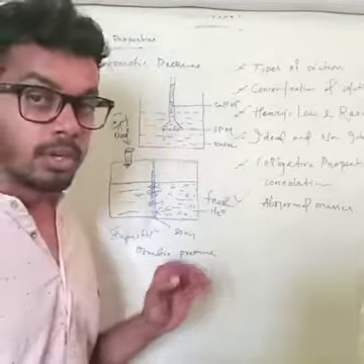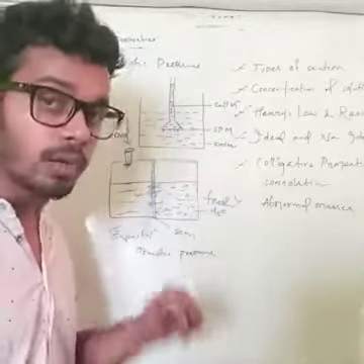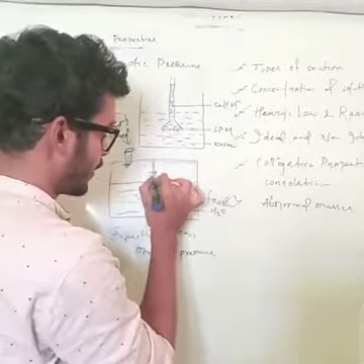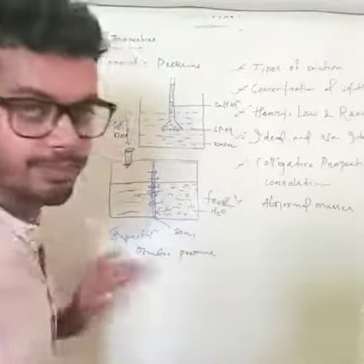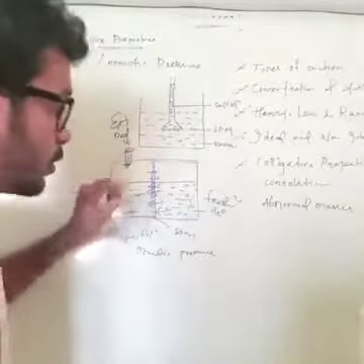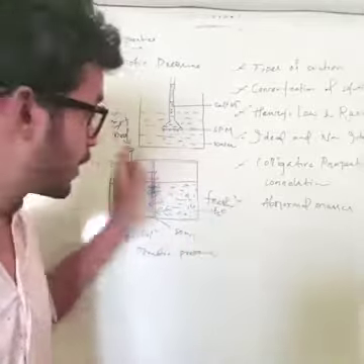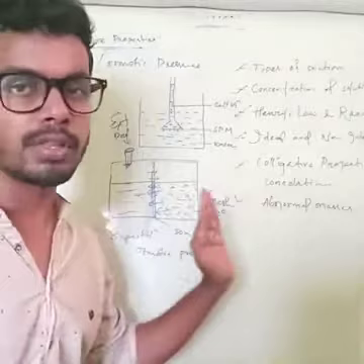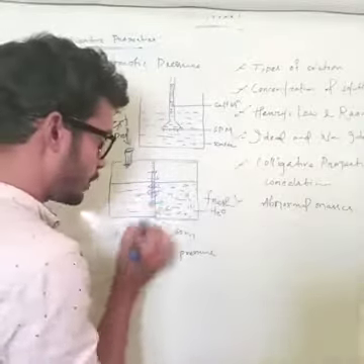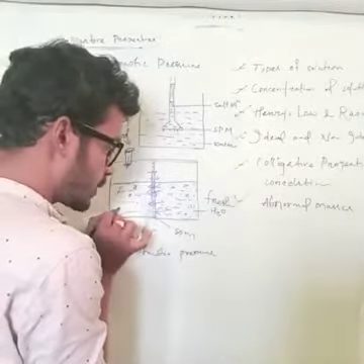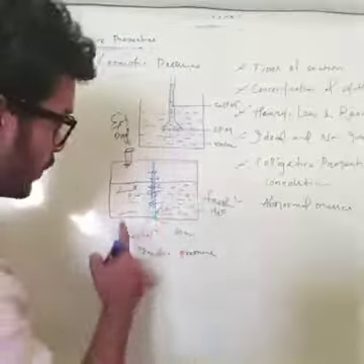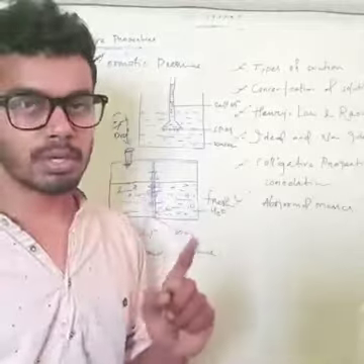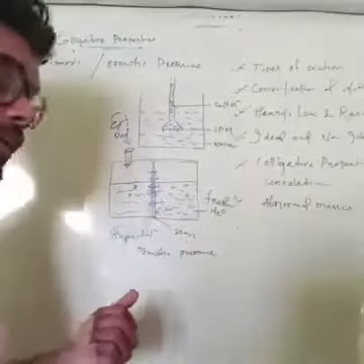If you apply more pressure, then this osmosis will start in reverse, from this side to this side, because the pressure is more. Though the concentration is more here, due to the more pressure, the back flow of solvent molecules will start. The sugar molecules will be this side, but the solvent molecules will start flowing from this to this side. That is what is known as reverse osmosis.